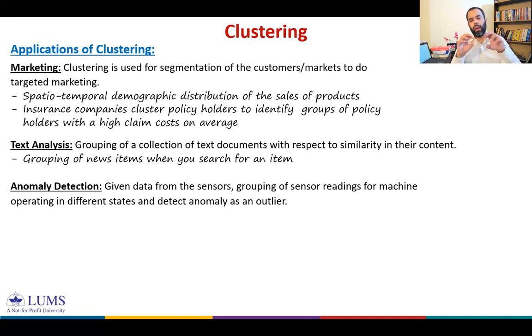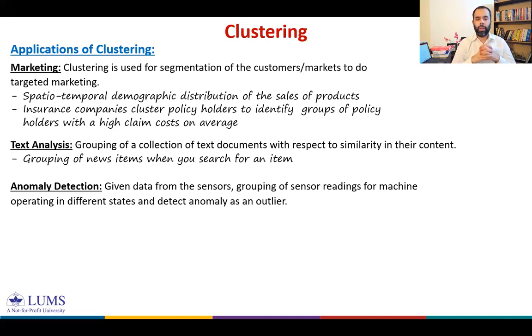Or you can say, if you're looking at the values of sensors in a multi-dimensional real space, the values of sensors would form a group when the machine is in one state. When the machine is moved to another state, the cluster moves to another position in the higher dimensional space. Right? So the machine is moving from state to state, and these sensor values are moving from blob to blob.